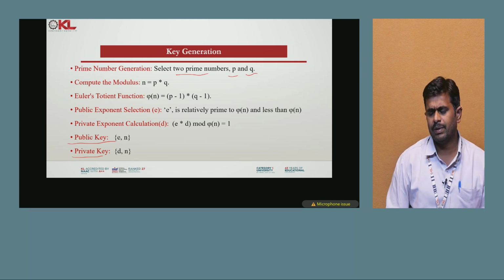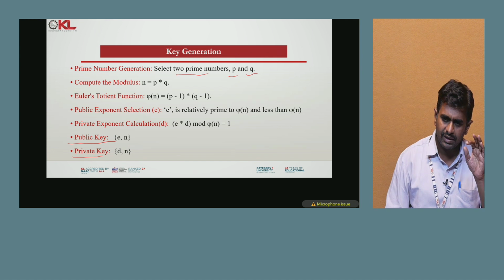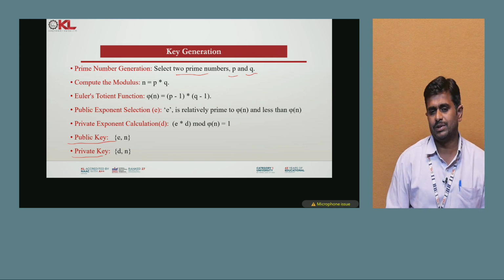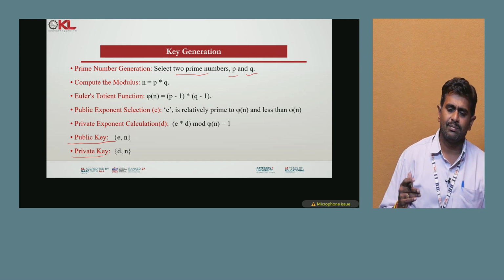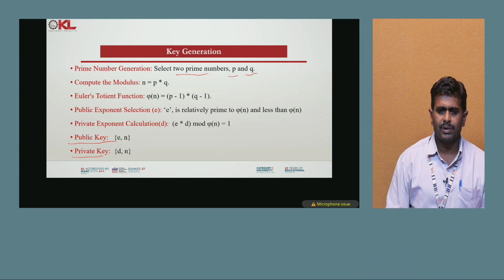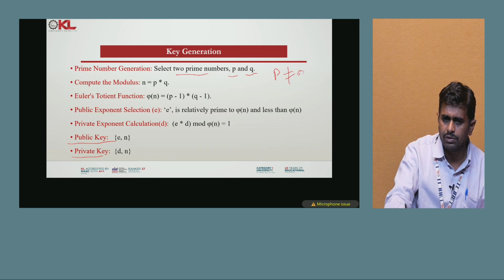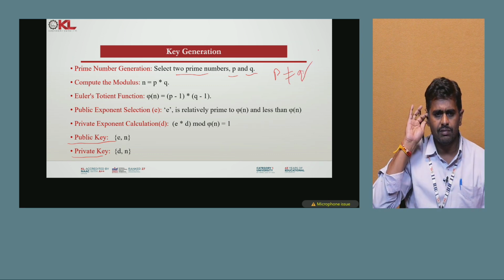If you select large numbers, it is more secure. For example, you can select 5, 7, 11, 13, 17, any prime numbers. But these two numbers must not be equal: P is not equal to Q.